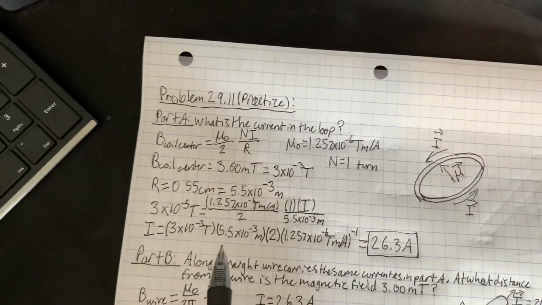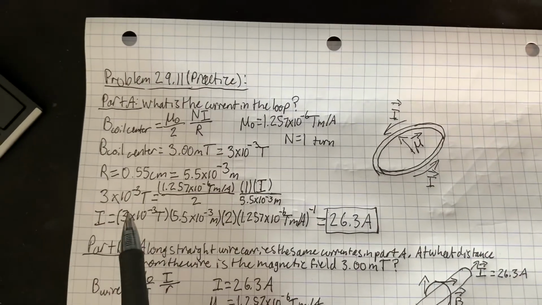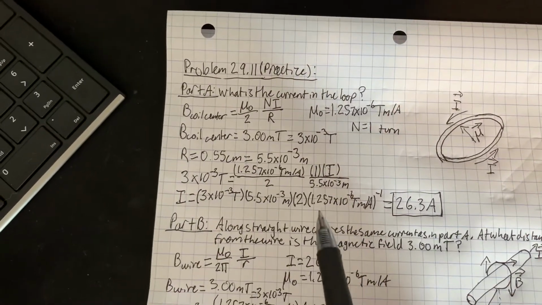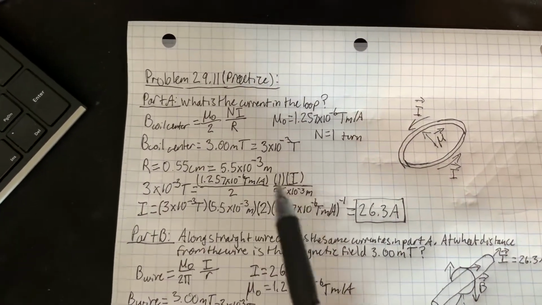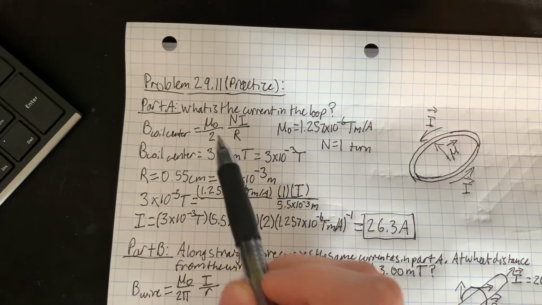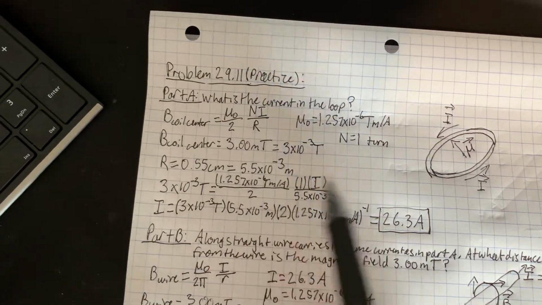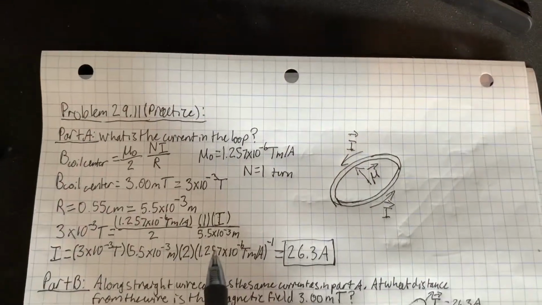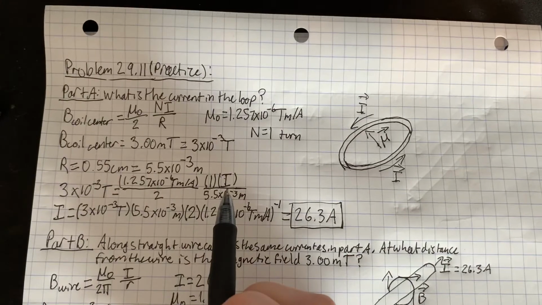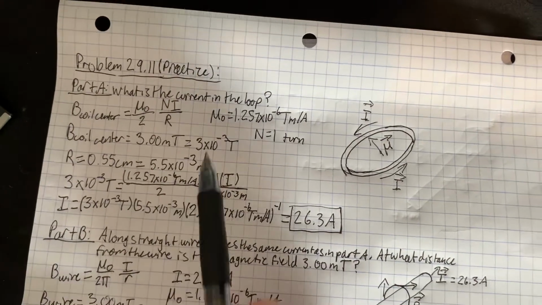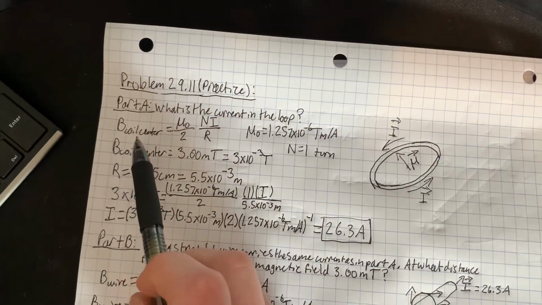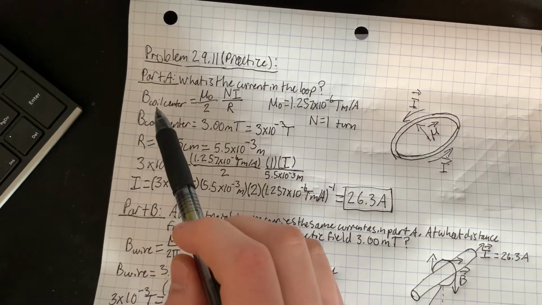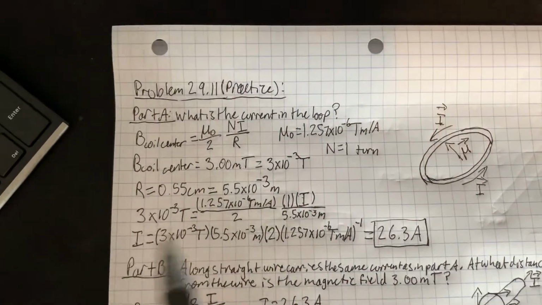So I wish now that I had written down this equation in variables and then plugged it in so you could kind of see how it's arranged, but all you really need to know is this equation up here. I would say that the hardest part for part A is knowing that there's a difference between the equation for the on-axis strength of the magnetic field from a coil.